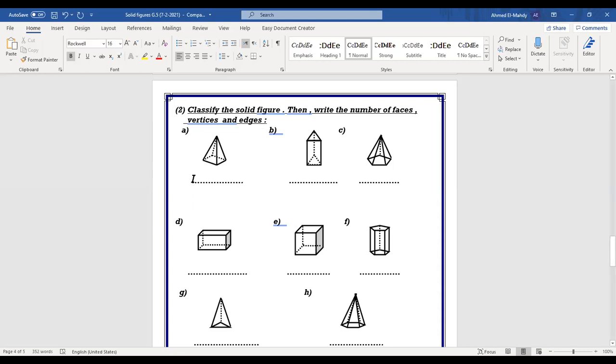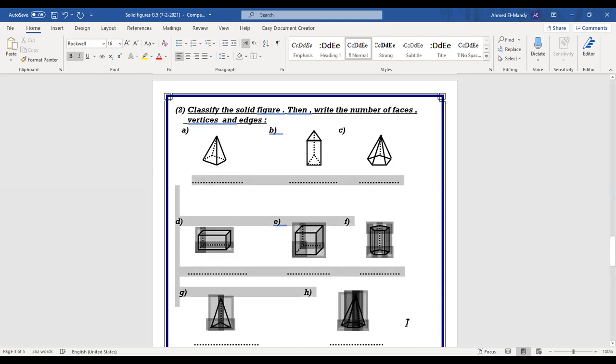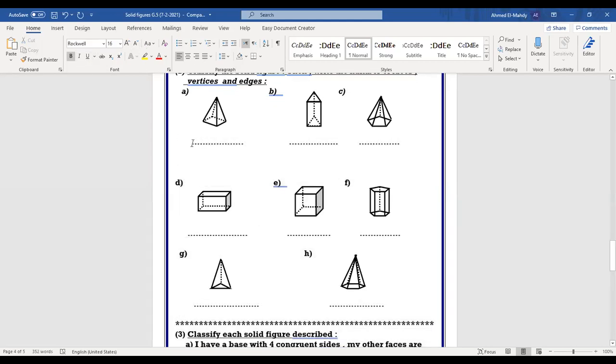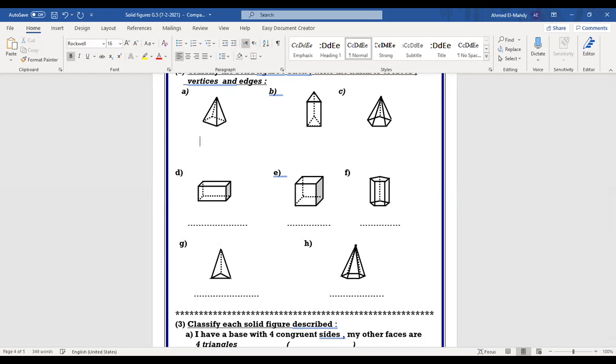The first solid: is this one a pyramid or prism? Pyramid. What is the name of the shape of the base? Square. Square or rectangle? No problem. This one will be a square pyramid.